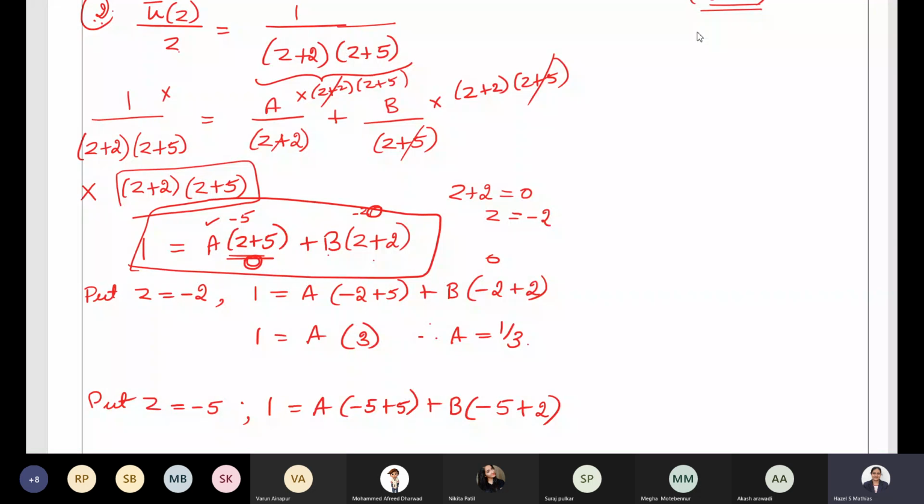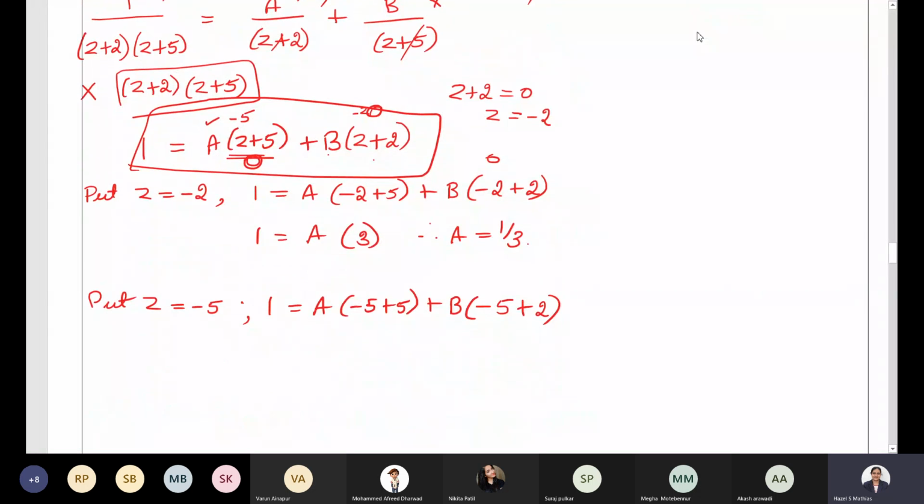The coefficient of A term will be 0, correct? 1 is equal to B into minus 5 plus 2, which is minus 3. That's why the value of B is 1 divided by minus 3, or minus 1 by 3.